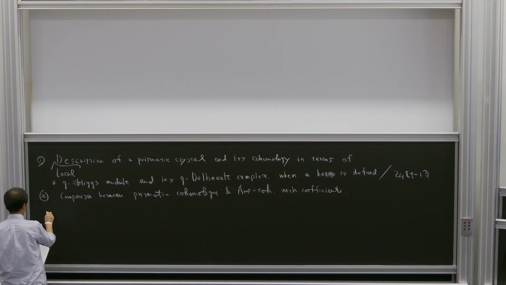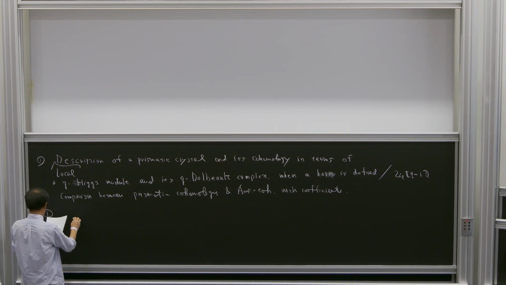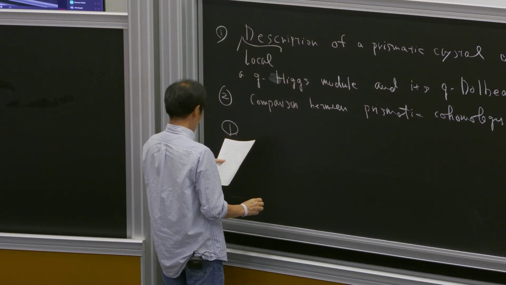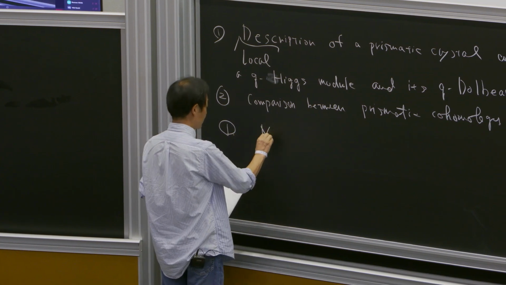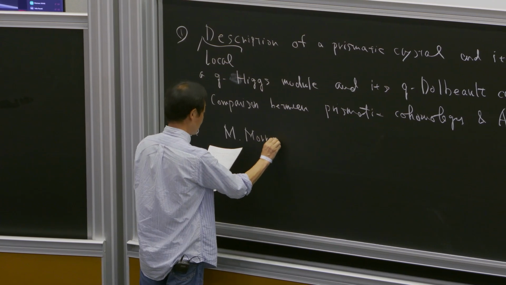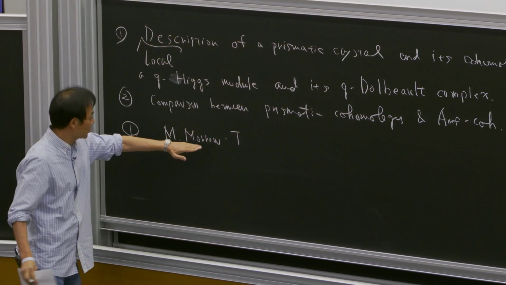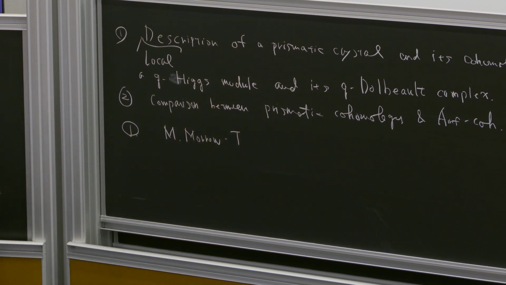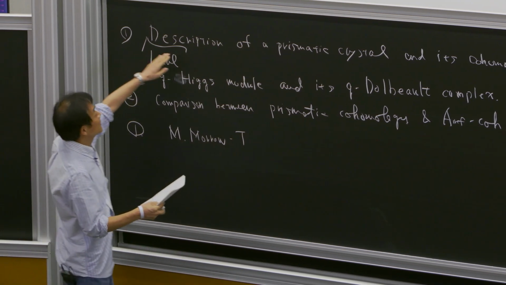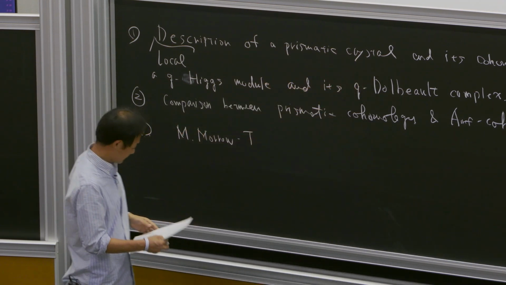Okay, so first I start with the first topic, and for this topic we already have some work. In the joint work with Morrow, we discuss the description of prismatic crystals when the base is A inf.